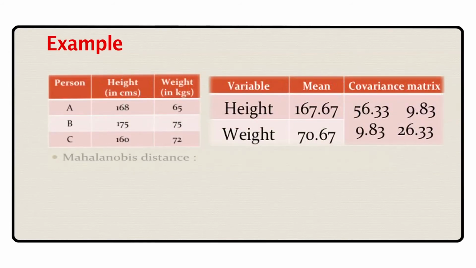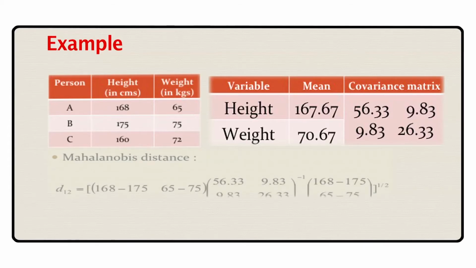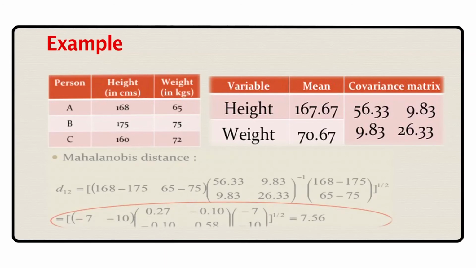Now if we use the Mahalanobis distance, you can see that if I am looking at A and B, the first two individuals, then we have this 168 is the height of A minus the height of B, then the other element is the weight of A minus the weight of B, and then we have the S matrix, which is the covariance matrix we have calculated on the basis of all the three members, and then again the transpose of the first vector, and this comes out to be 8.06.